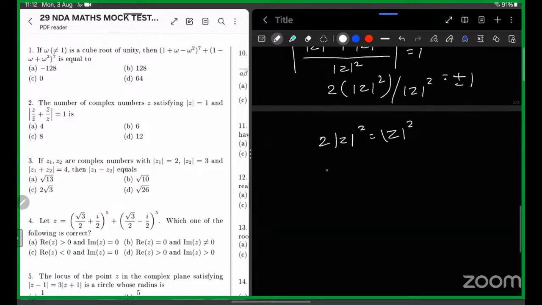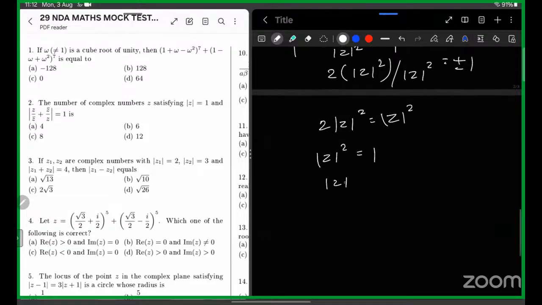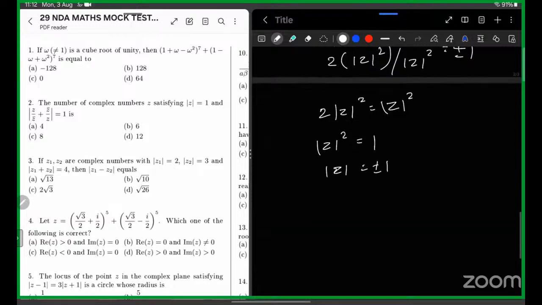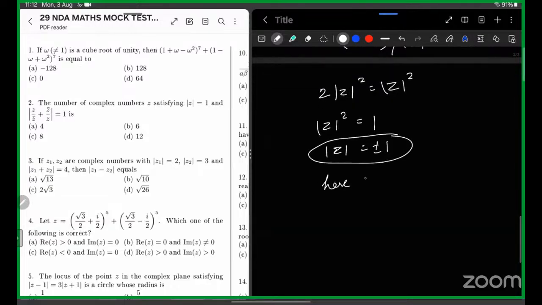So from here we get mod z whole square equal to 1. So mod z equal to plus minus 1. But mod cannot be a negative value. Here mod z must be equal to 1 only. We cannot take negative 1.